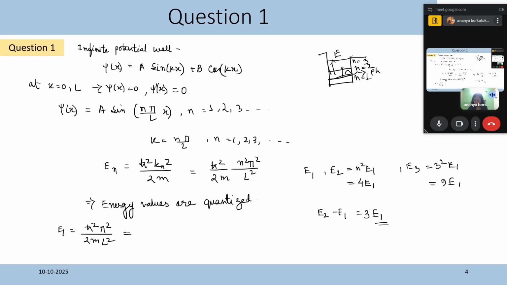There is L square, so that is where I made a mistake. Let me write it down, otherwise I am making mistakes in the calculation.